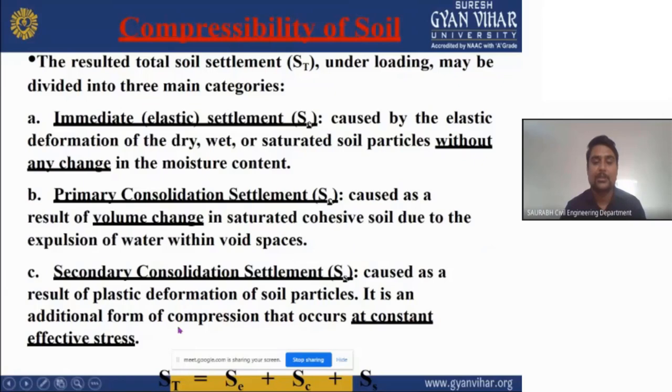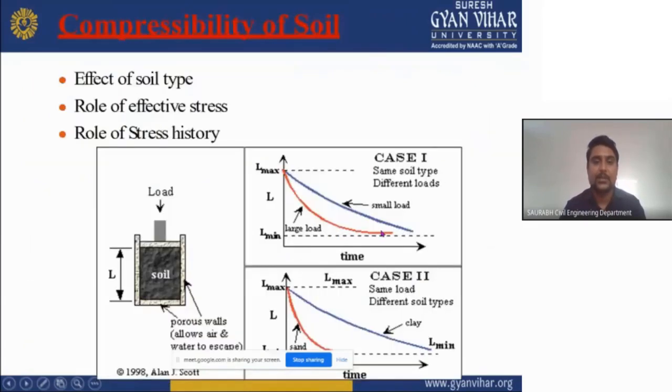It is an additional form of compression that occurs at constant effective stress. These are the types of settlements in consolidation and compressibility: first immediate, second primary, and last secondary.